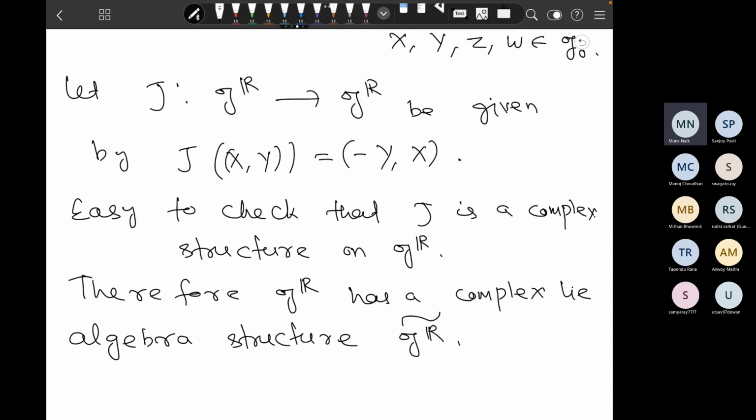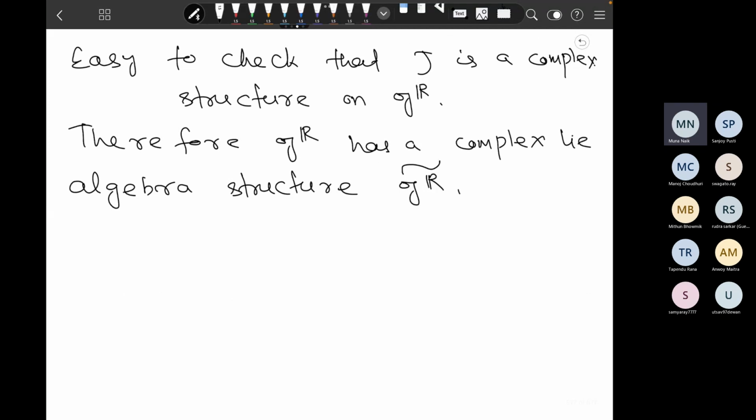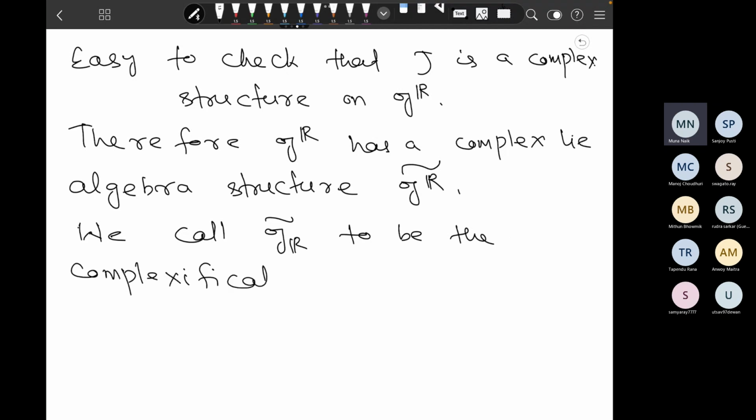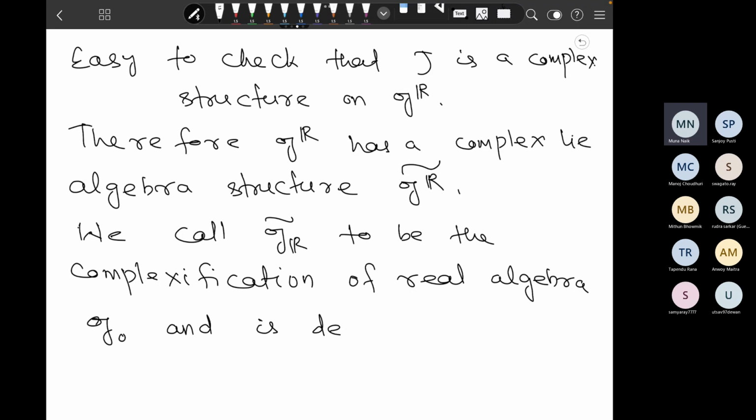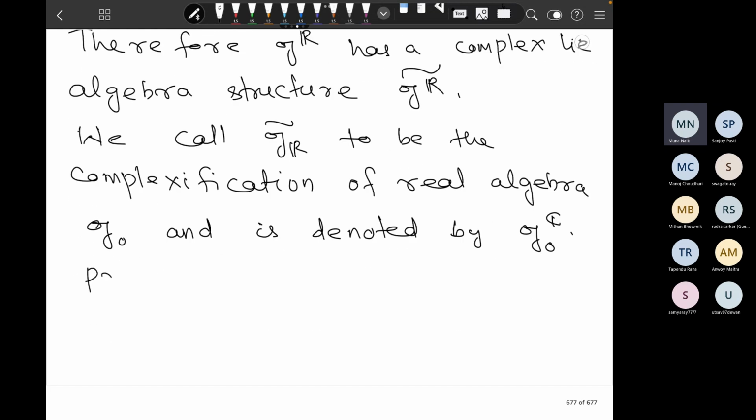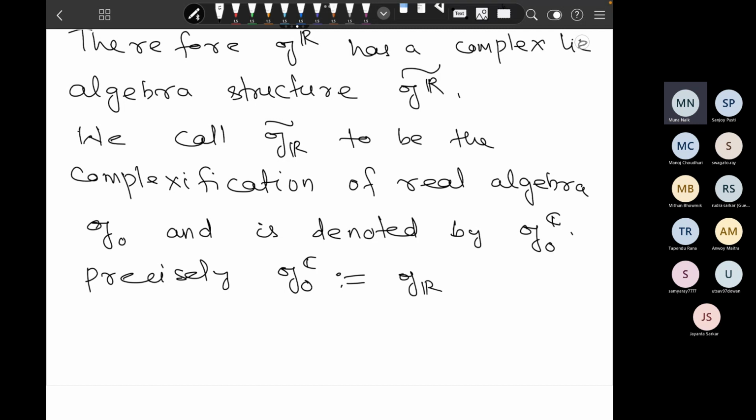Structure GR tilde, right? So we call GR tilde the complexification of the Lie algebra G naught, and it is denoted by G naught C. So precisely, G naught C is, by definition, GR tilde.